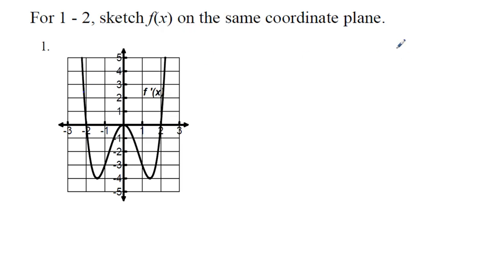We're going to use the same analysis tools that we've used in the last several videos. Particularly, this is really curve sketching, the relationship between f, f prime, and f double prime.